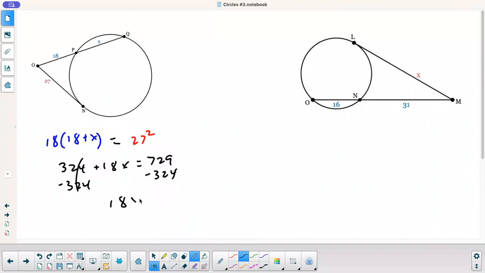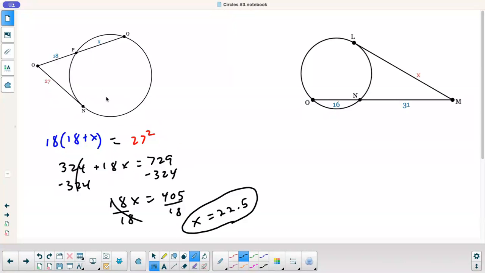So I get 18x equals 405. And this is an exact decimal, so I'll just leave it. It doesn't say in the problem how to write it. Anytime they don't say how to round or how to write your answer, I would only write exact answers. So since this decimal terminates, it's fine.